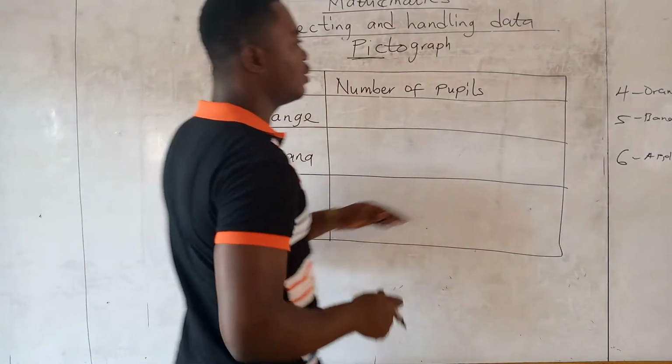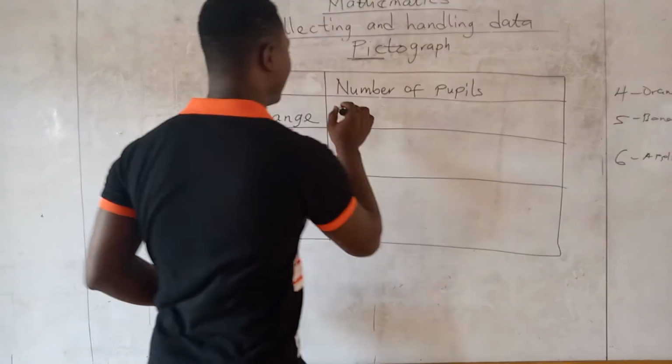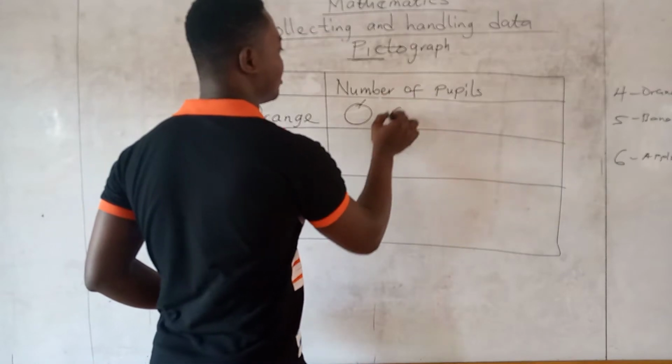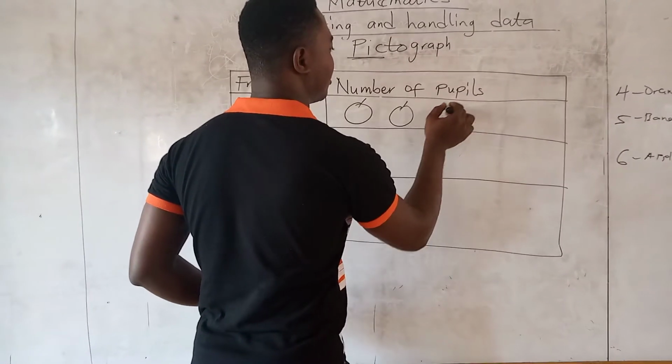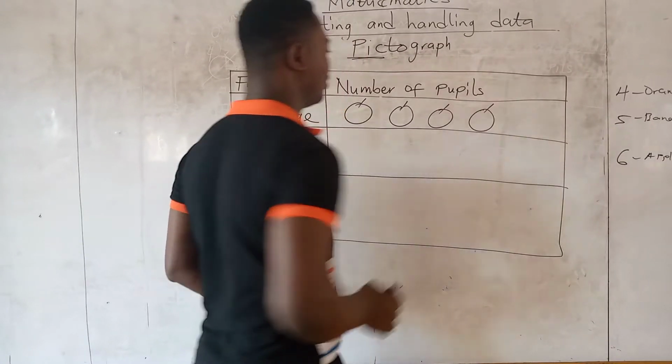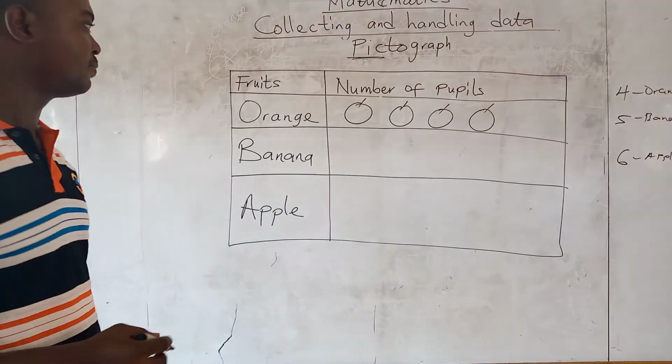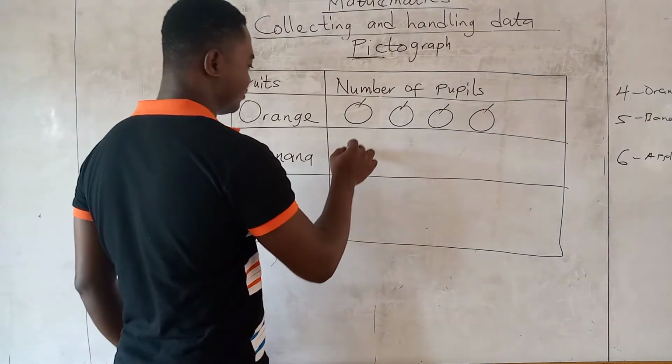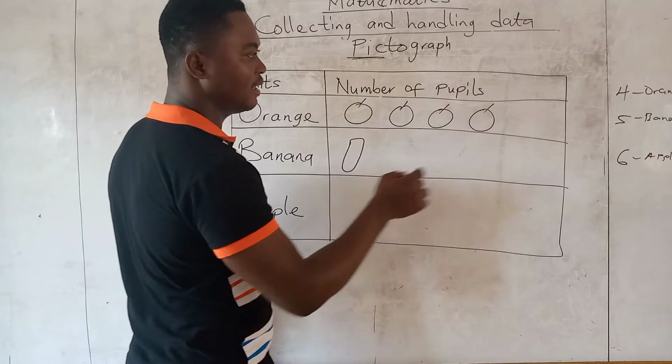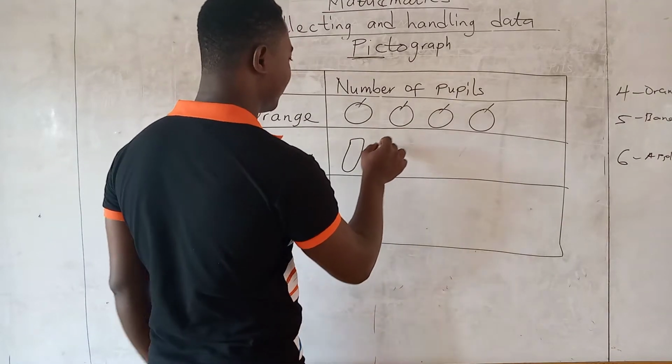So we said how many people chose orange? 4. So we draw our orange here. So we have our 4 oranges there. And then banana. Banana is what? 5.